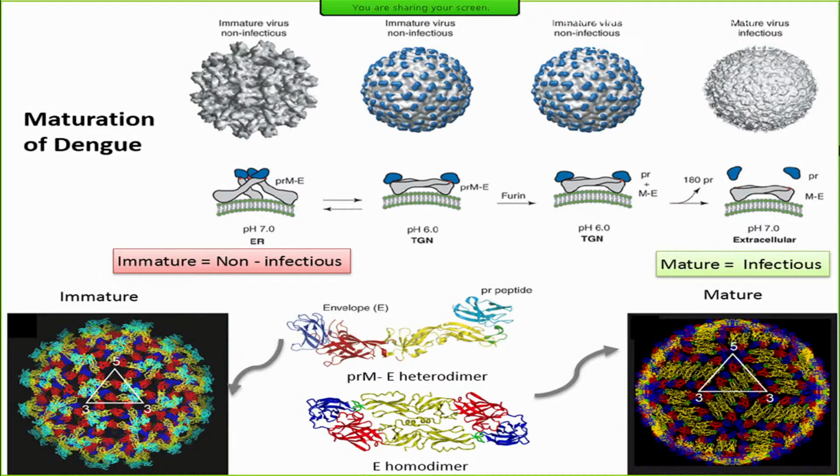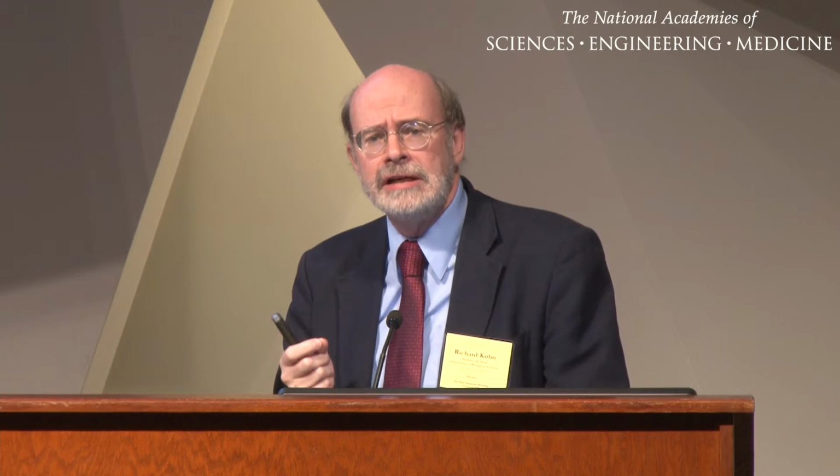In that environment, a host protease cleaves the precursor protein prM, resulting in now a mature virus particle. But one thing in particular that we found with dengue virus, and to a lesser extent the other flaviviruses, is that this host-controlled proteolytic event is not very efficient. And we believe that this inefficiency is actually important for the biology of the virus.